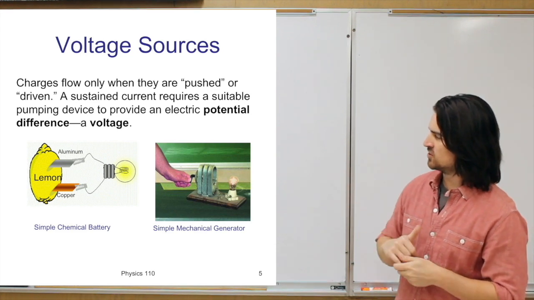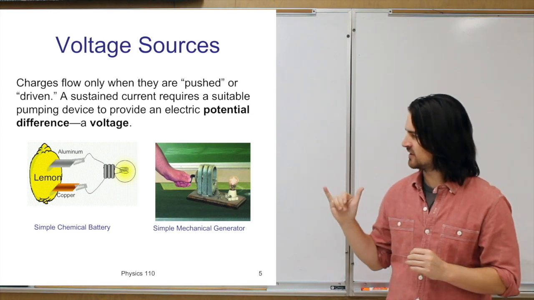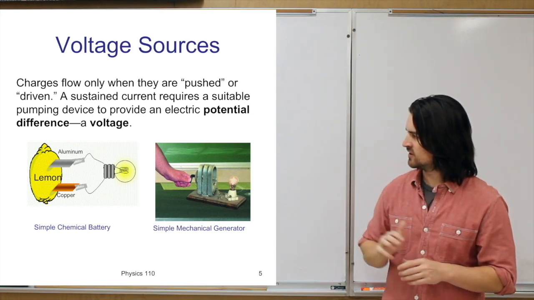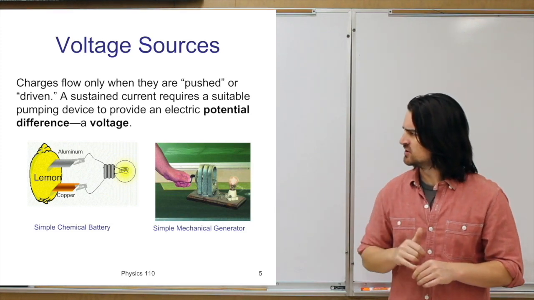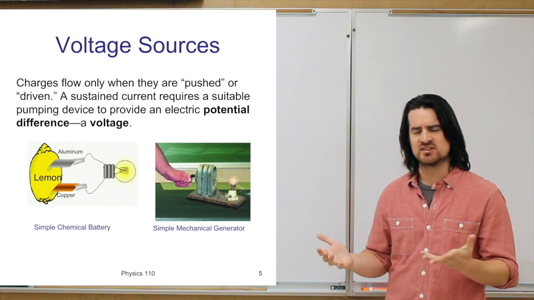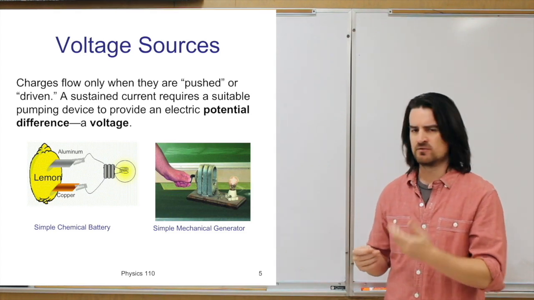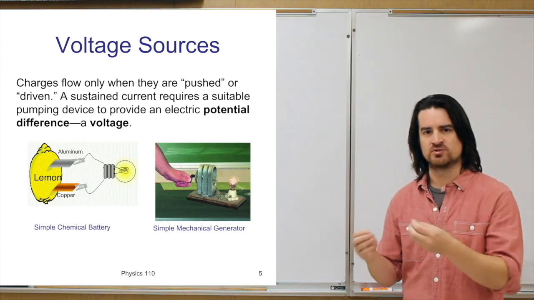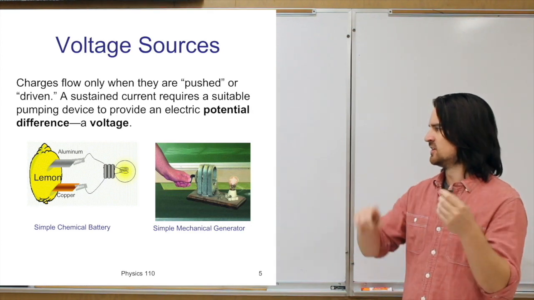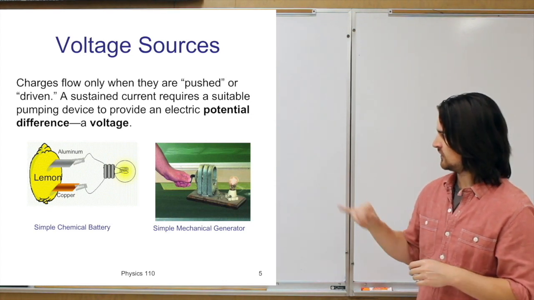And very simply, I've never done this myself, but you can make a very simple chemical battery with some aluminum, copper, and a lemon. In that situation, I'm assuming that the acid in the lemon is pulling ions from the aluminum to the copper, essentially creating an electrical potential difference between the copper and the aluminum, which is then what's going to sustain that flow of electrical current.